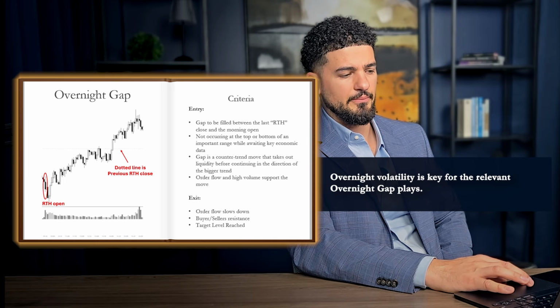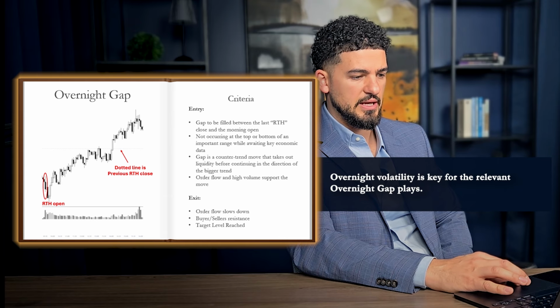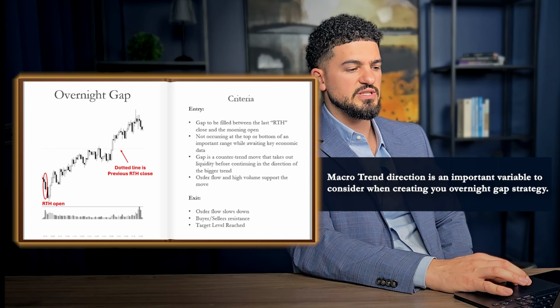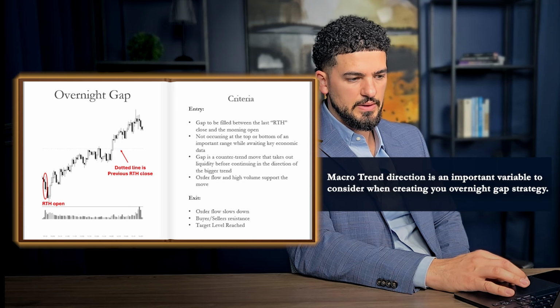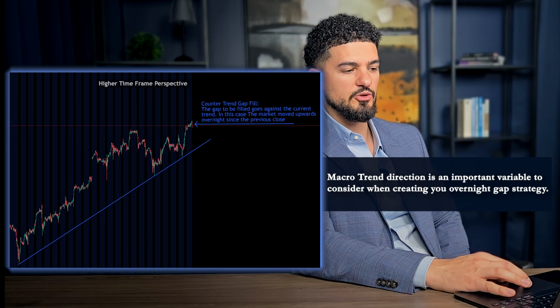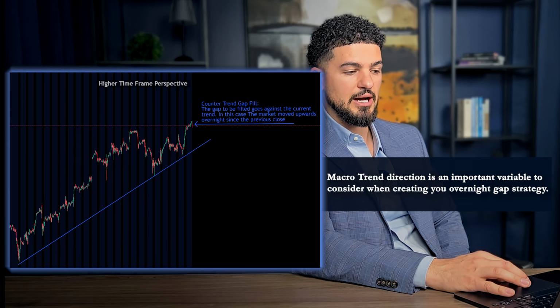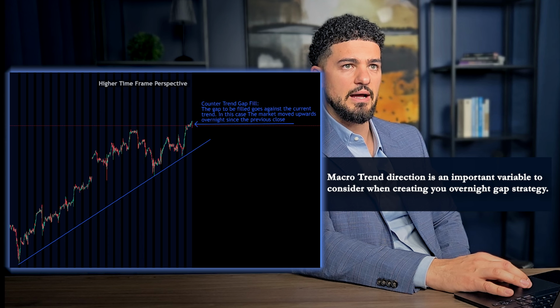So entry criteria. We're looking at a gap to be filled between the last RTH close and the morning open. In some circumstances, you could be looking at an overnight gap that is counter trend. So if we have a main trend going upwards, we could be looking at a counter trend overnight gap, but we could also be looking at an overnight gap that is following the trend. So there are different ways to look at the overnight gap.